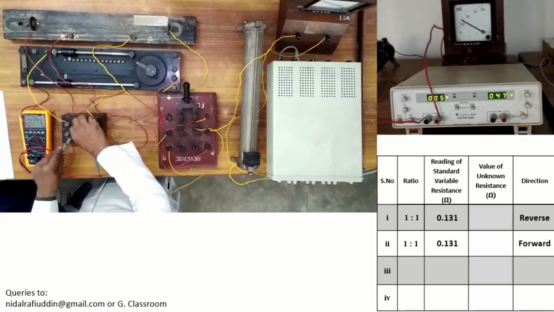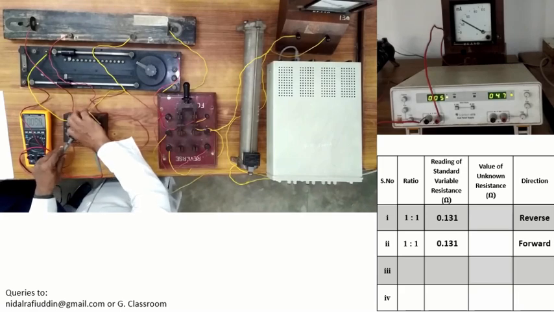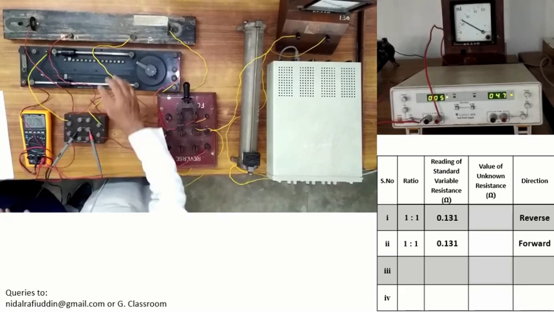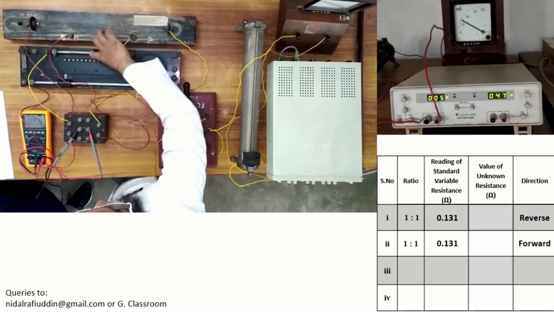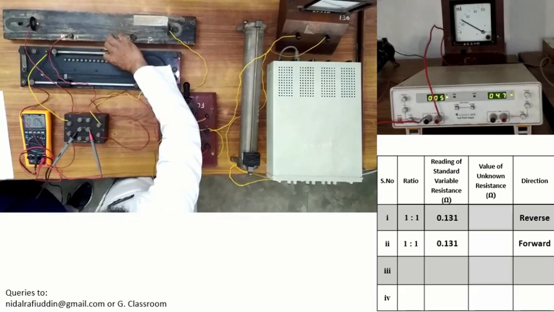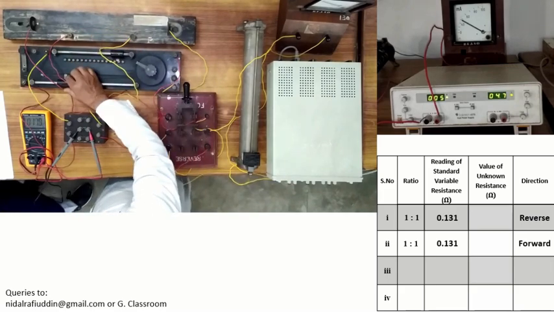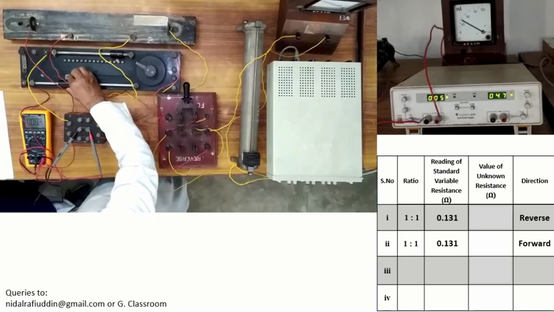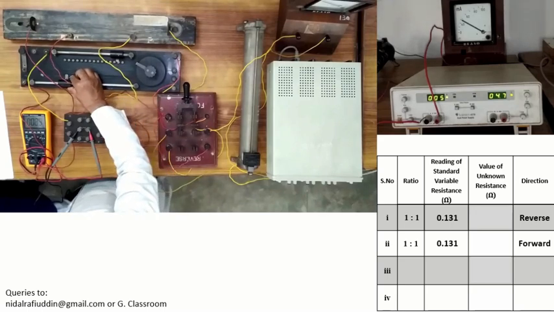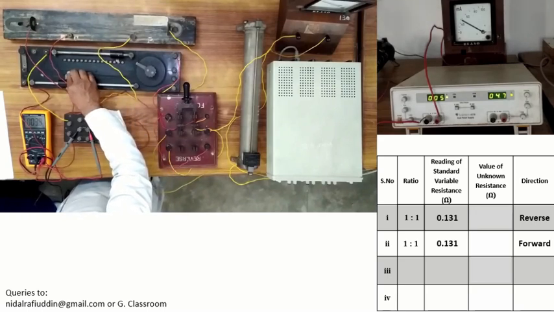After obtaining these two readings for reverse and forward for 1:1, now we change the connections to 1:10, and we'll again try to balance it by varying the resistance in the standard resistance.